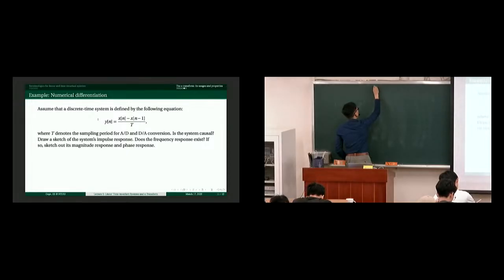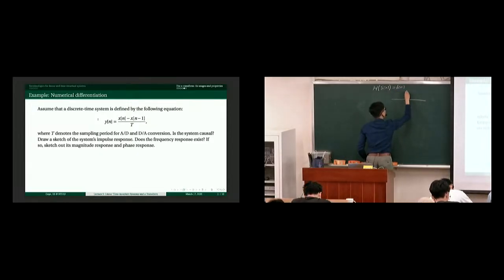Now we can talk about h of delta. When the input is the delta function, if you plot the impulse response, for time 0 it should be 1 over T. For time 1, the impulse response should be just minus 1 over T. That's the second sample of the impulse response, small h.